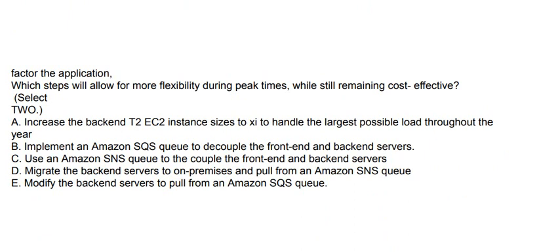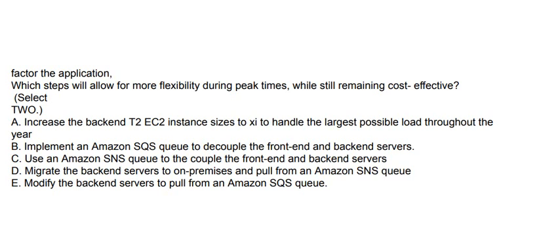Select two options. Option A, increase the backend T2 EC2 instance size to 11 to handle the largest possible load throughout the year. Option B, implement an Amazon SQS queue to decouple the front end and backend servers. Option C, use an Amazon SNS queue to decouple the front end and backend servers.